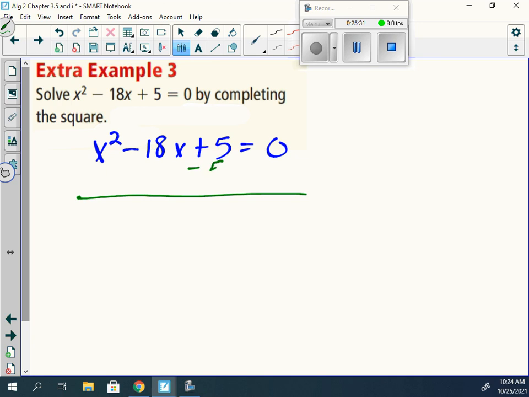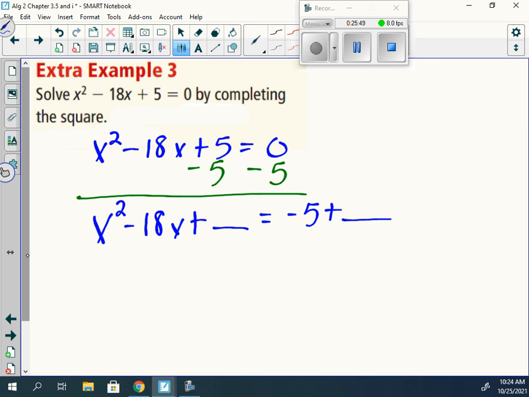We can subtract 5 from both sides. And that'll tell us that we have, try to keep colors the same, x squared minus 18x plus blank is equal to negative 5 plus blank. Because we leave the blanks in there for when we add back in our c component.